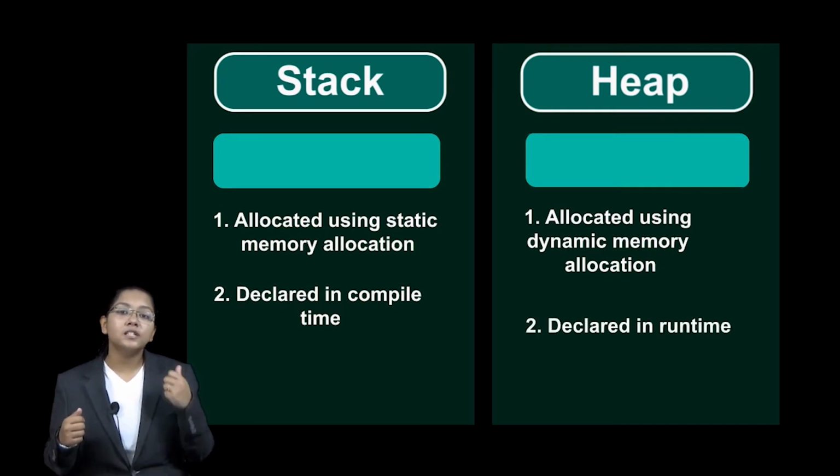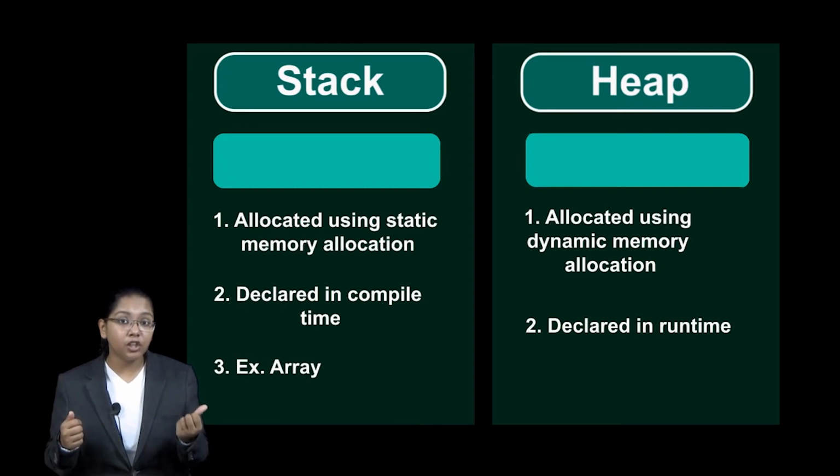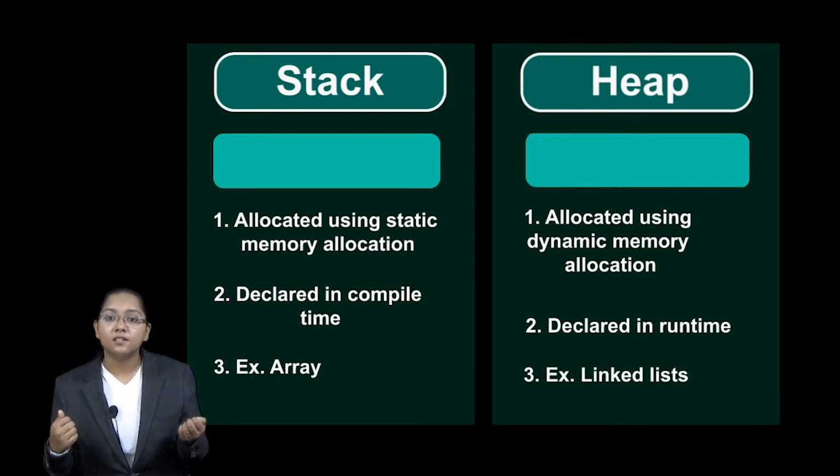For example, take an array. We know that once it is declared, it has a fixed size in C programming. Stack memory is such that once the size is declared at compile time, it cannot be changed at runtime, and that's what happens in an array. But in heap, the example is a linked list.